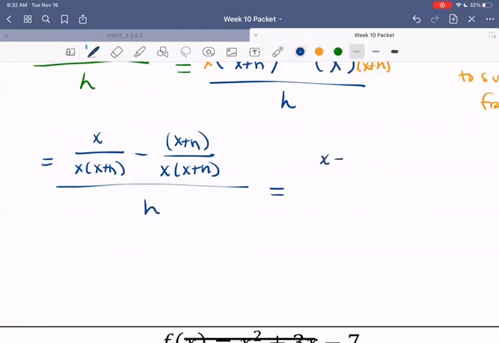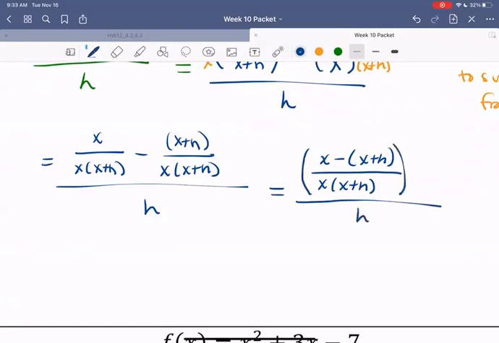So we get x minus x plus h, again I'm using a lot of parentheses here, over x times x plus h, all over h. And it's important to keep parentheses around the numerator so that we don't get confused about where our fractions are stacking here.